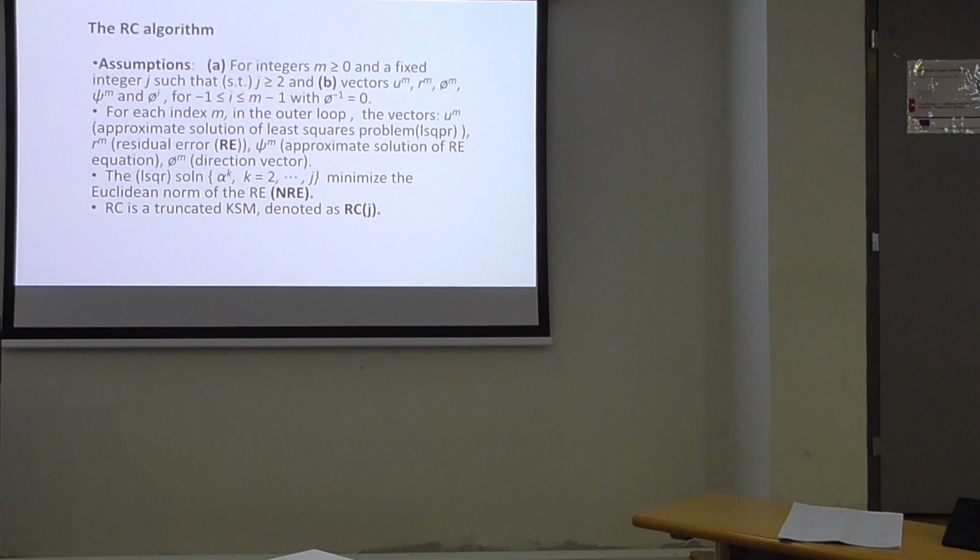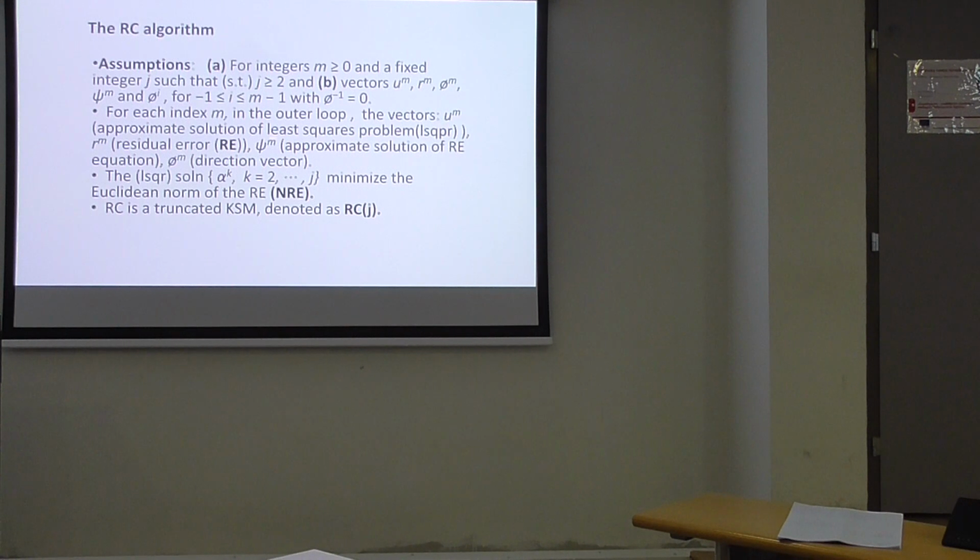This is the direction vector. This is the solution to the inner loop approximation. And this is the direction vector as well. We store several of these up to m, okay? Actually, up to j. M is the outer iteration, and we store j of these.